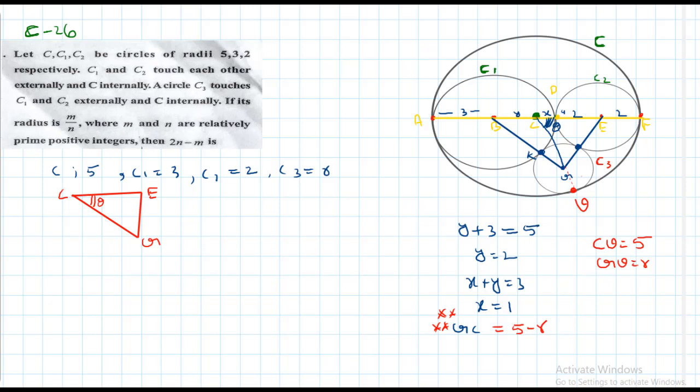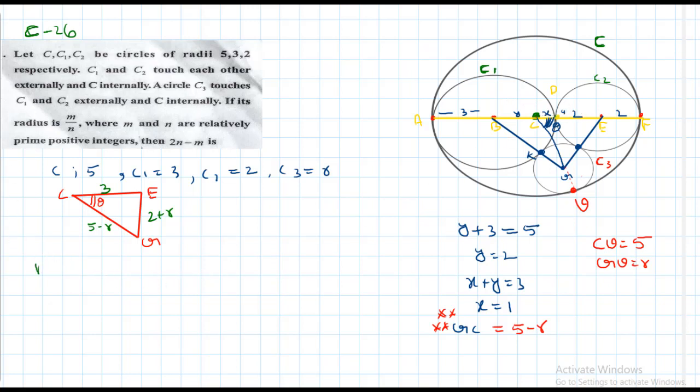Observe here: CG is 5 minus R. EG is 2 plus R. CE means X plus 2, and X you got as 1, so 1 plus 2 is 3. Again check it: this length is X, we got 1, and already this is 2.